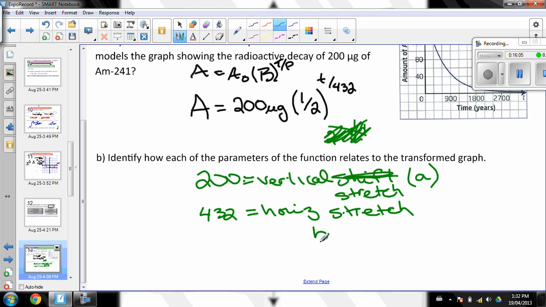So we could say that B would equal 1 over 432. Okay? H is 0 here, and K is 0, because it has not moved over, or up and down.